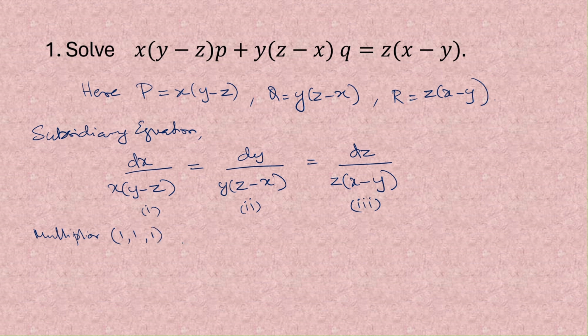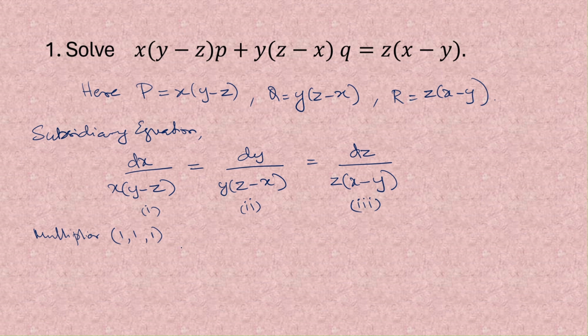These multipliers may be constants or they may be functions, meaning they may involve x, y, z also. We use the first multiplier with the first ratio, the second with the second, the third with the third. Here all three multipliers are 1, 1, 1.